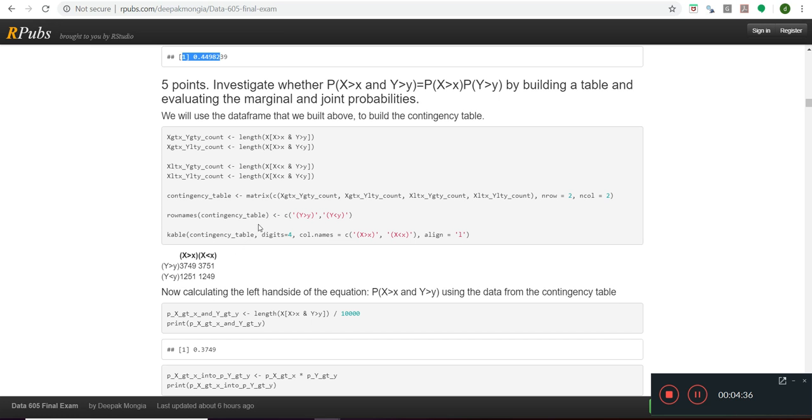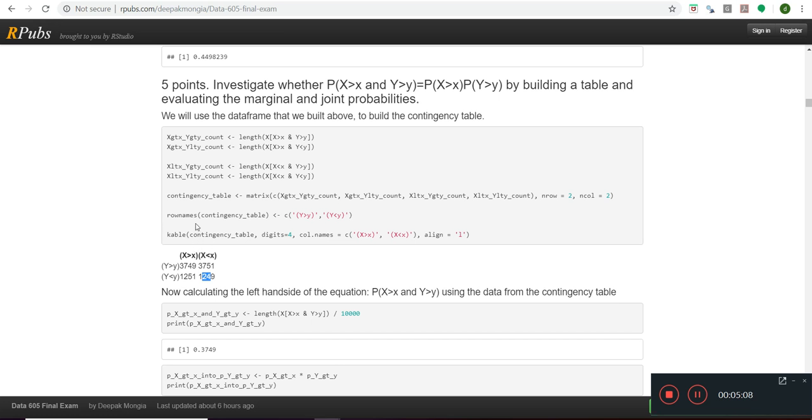And so in the first step, I've created the contingency table where I've used X greater than x, Y greater than y as my first variable, X greater than x and Y less than y as my second variable, then X less than x and Y greater than y, then X less than x and Y less than y.